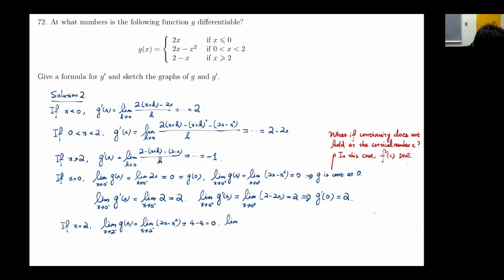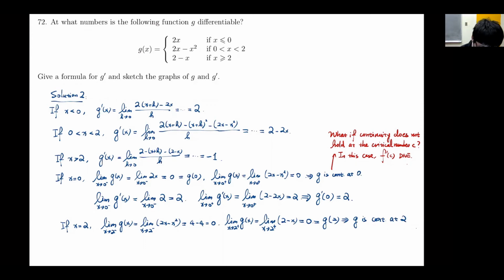On the other hand, when x approaches 2 from the right, this is the limit of 2 minus x. As x approaches 2, this also approaches 0. And moreover, this is the same as the function value at the number 2. So this tells us that g is continuous at the number 2.